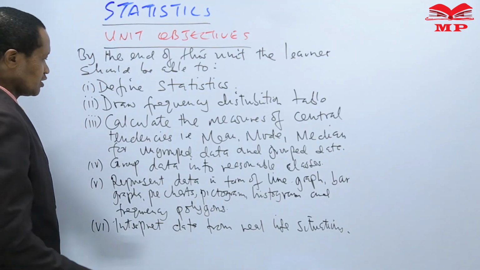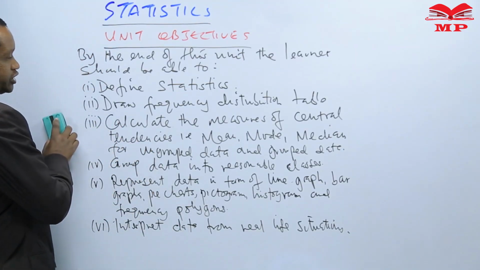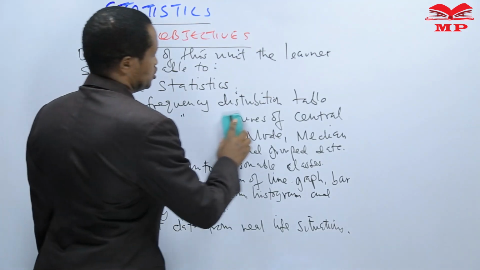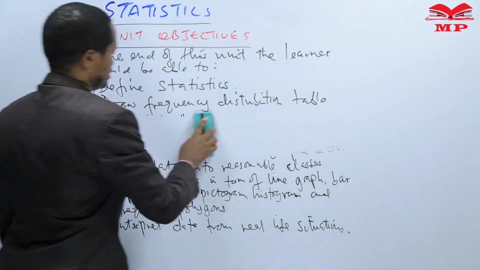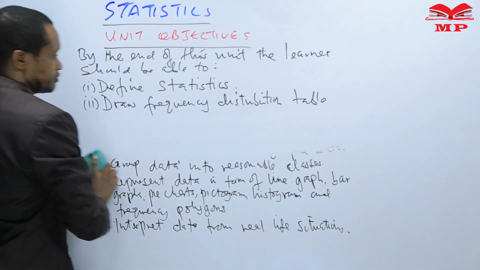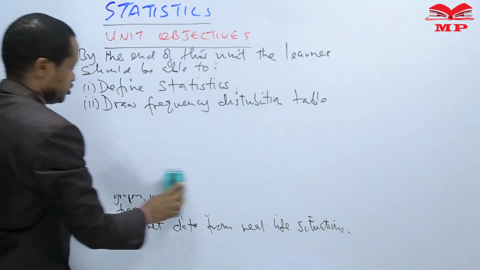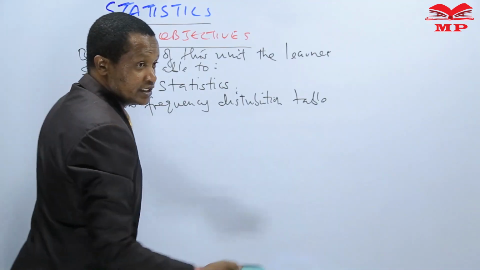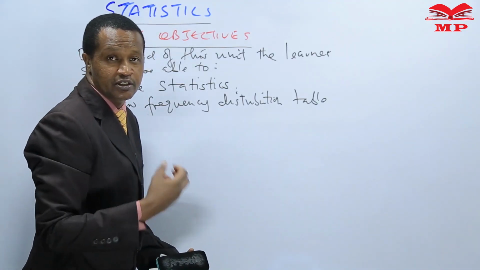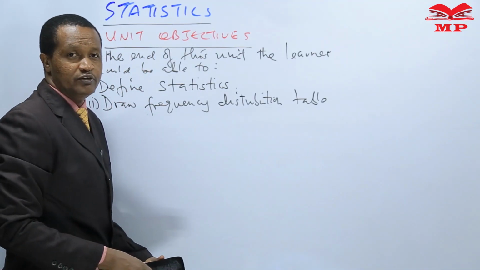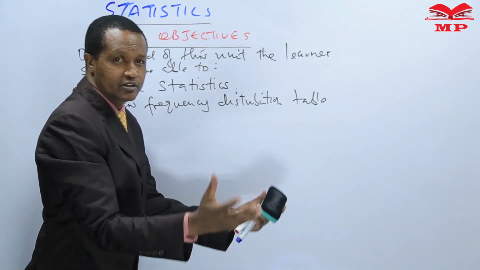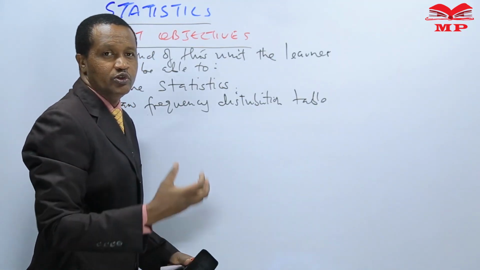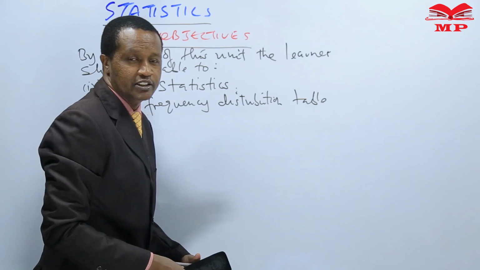So learners, in today's lesson we are going to concentrate on the first two objectives. We learn the same way we eat. When you are eating, if you have a full plate of ugali, you don't swallow the whole of it at the same time.